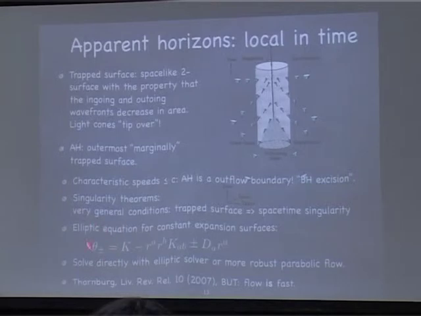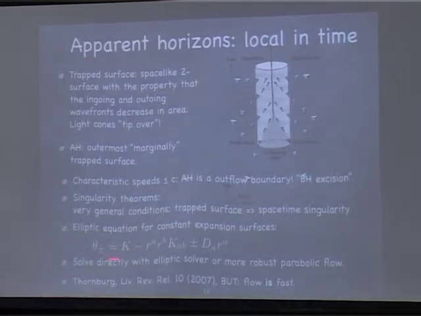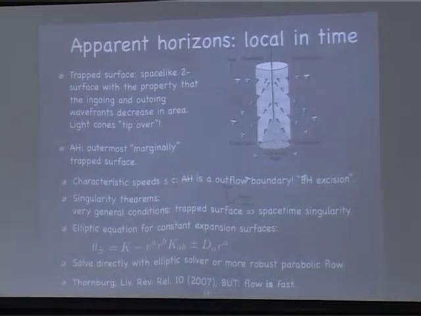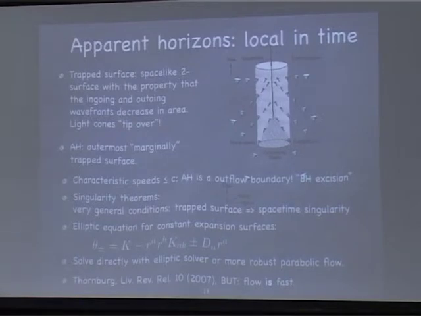You can define quantities which are usually called the expansions. What does expansion mean? Expansion is just the rate of change of the area of the wavefront. Okay, and there's one that goes out and one that goes in, so there are two versions with two signs. Then essentially you do exactly the calculation which Thomas has done for you, the 3 plus 1 decomposition, but now you do a 2 plus 1 decomposition, because you have your 3-dimensional space.